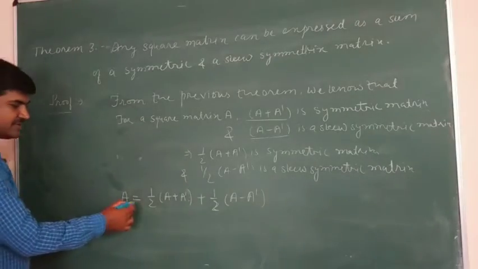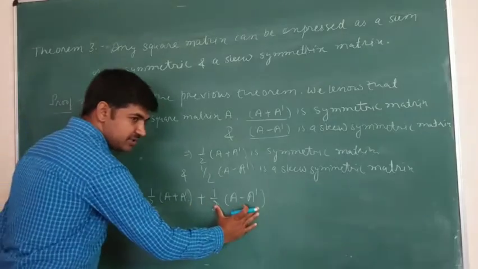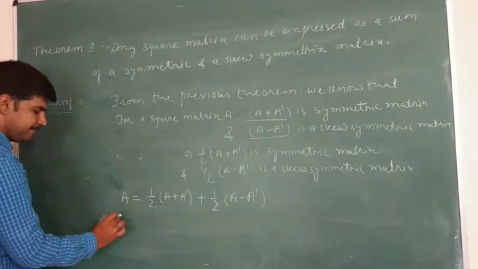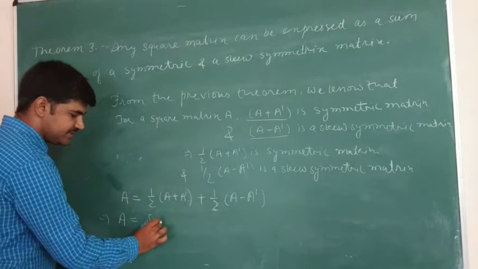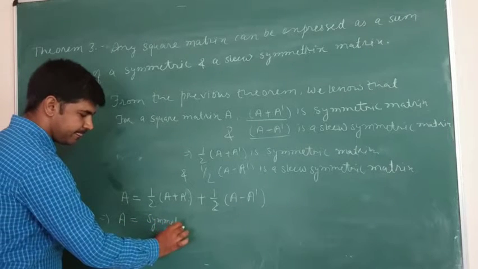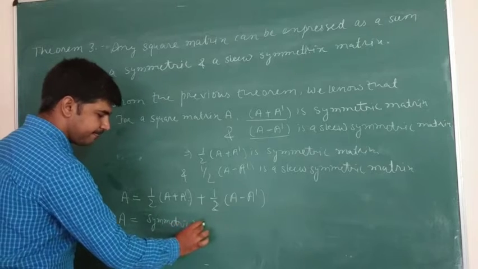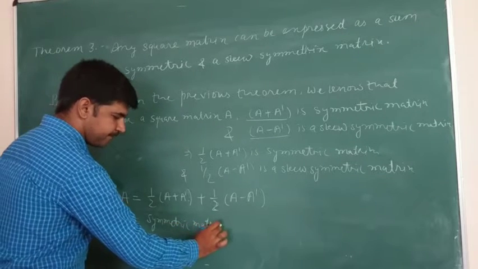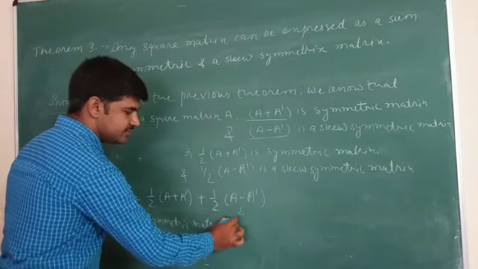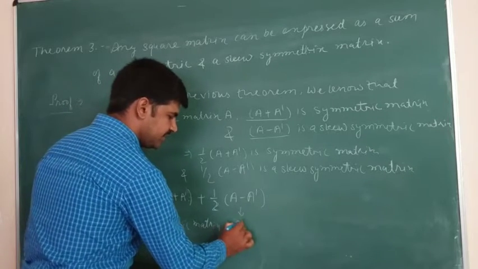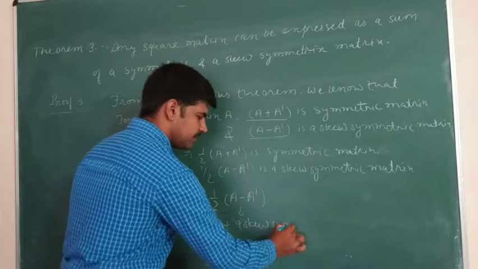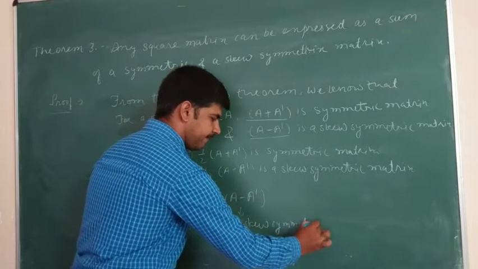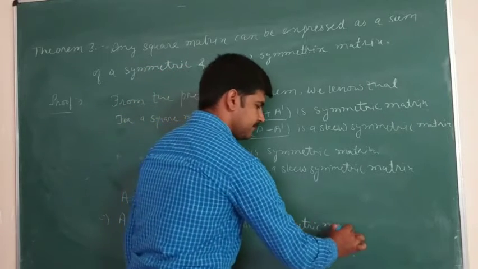So when A can be expressed as sum of these two matrices, that implies that A is equal to a symmetric matrix plus a skew symmetric matrix.